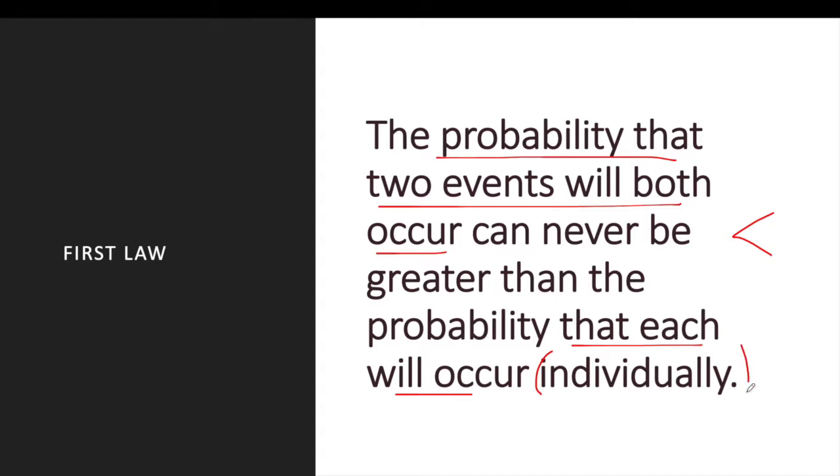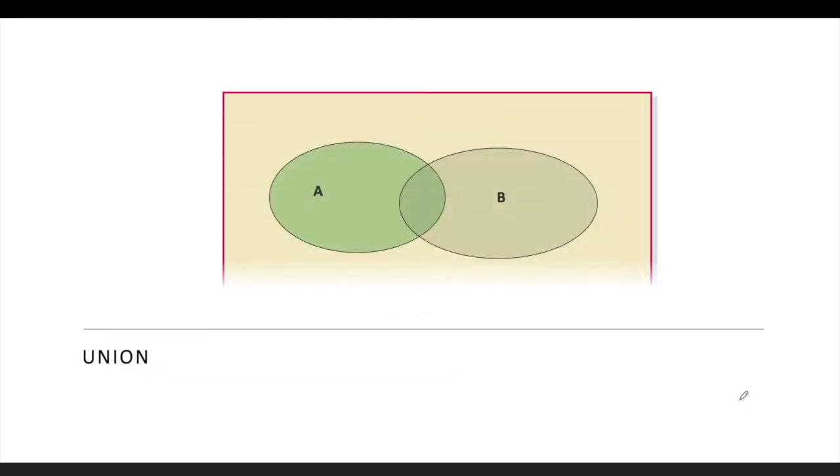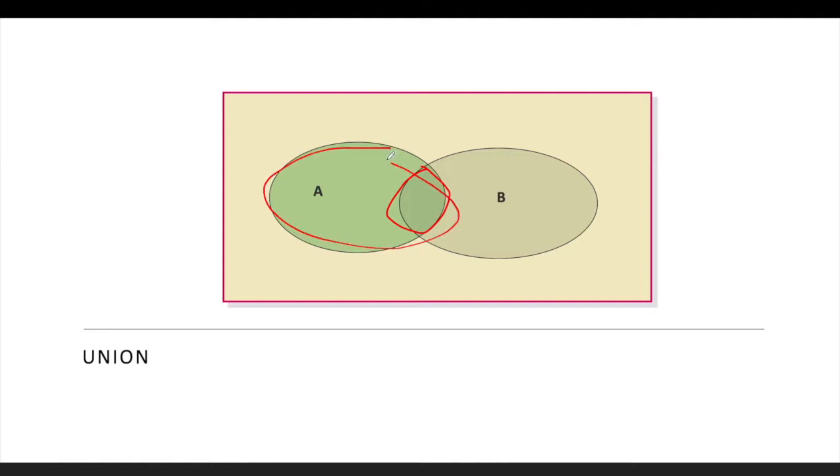So for both A and B to occur will never be greater than the probability of A and the probability of B individually. So that is meant by the first law.